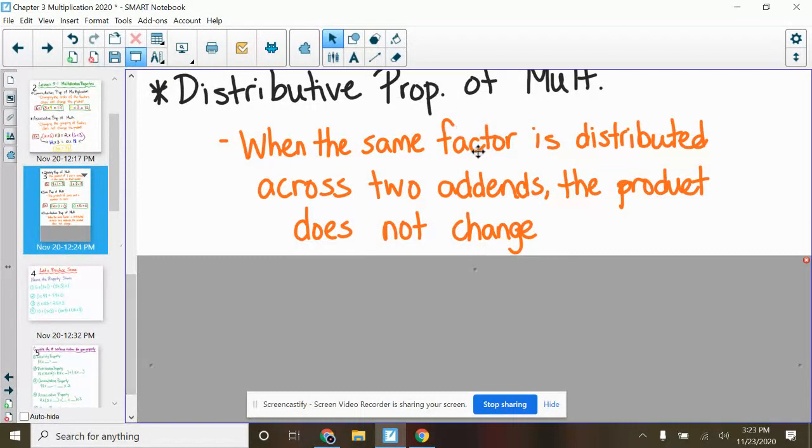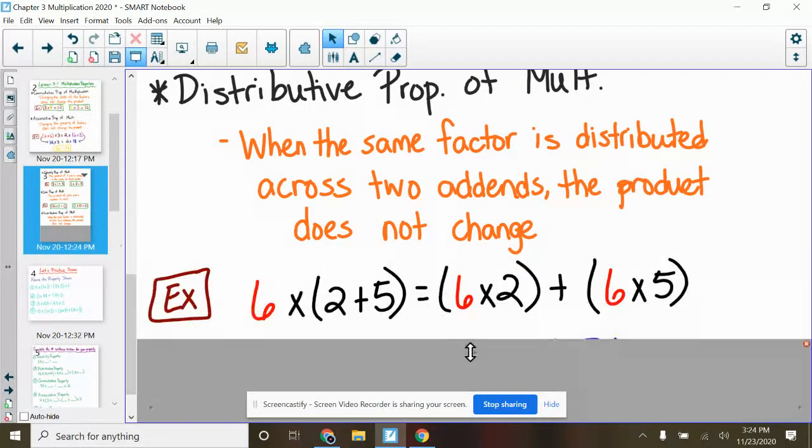A factor is a number I use for multiplication. Distributed kind of means to pass out, to share. So we're going to share some of these numbers across 2 different forms of math. When we look at addends, we're looking at numbers that involve adding. So let's check this out and see an example of what exactly this would mean.